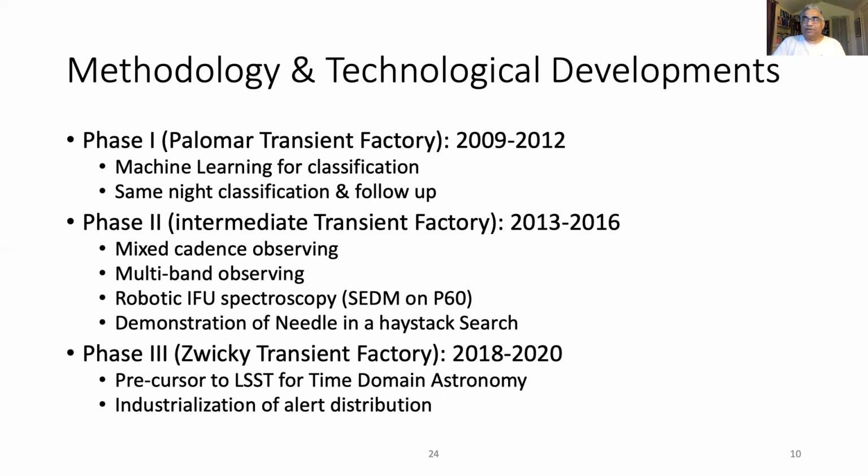We also, as a part of Leo Singer's thesis project, demonstrated how to search for a needle in a LIGO haystack, which is how to find electromagnetic counterparts, in this case for gravitational waves and gamma ray bursts, but in large fields. The success of iPTF was such that we, in fact, proposed to the National Science Foundation for the Zwicky Transient Facility, which ran from 2018 to 2020.